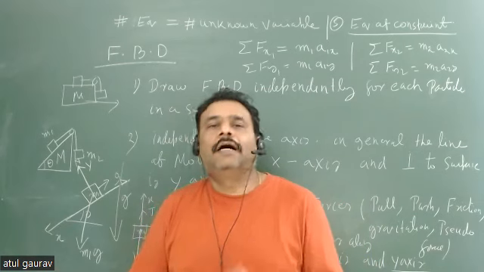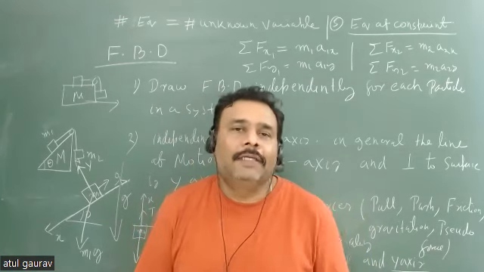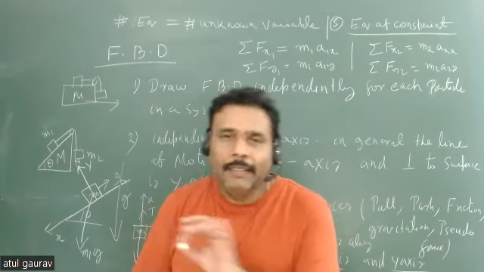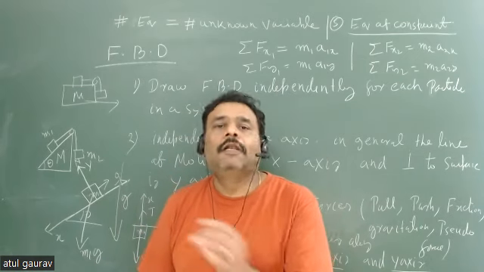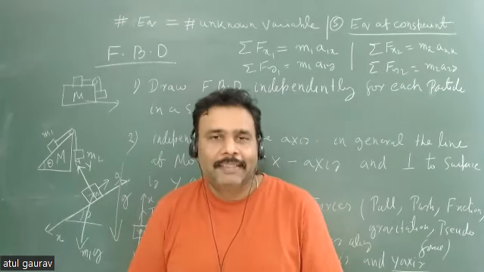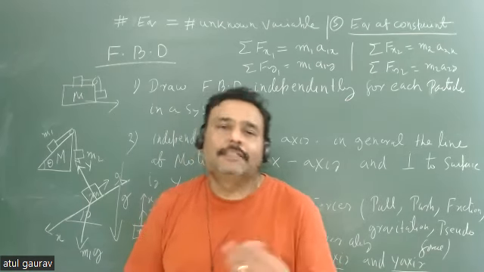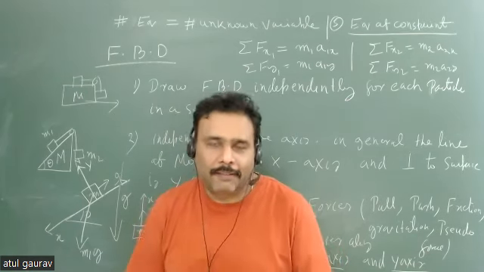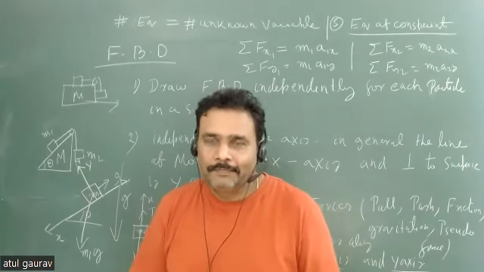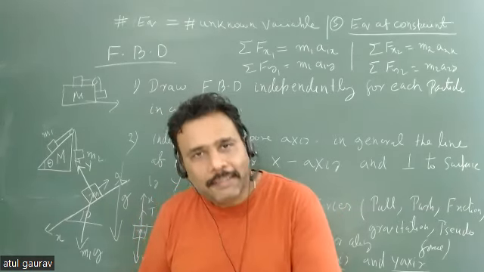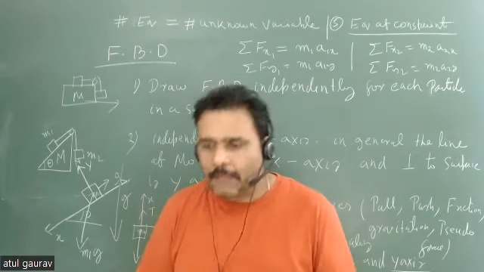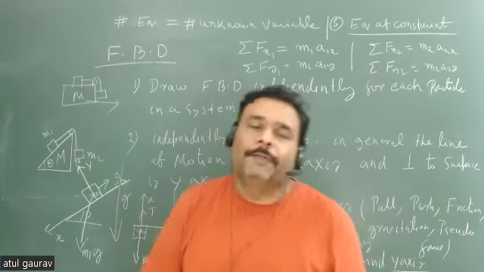This free body diagram is not basically any natural law or natural physics. This is basically from the experience of our ancestors. They have given us the method, just solve it. And mainly engineering people.